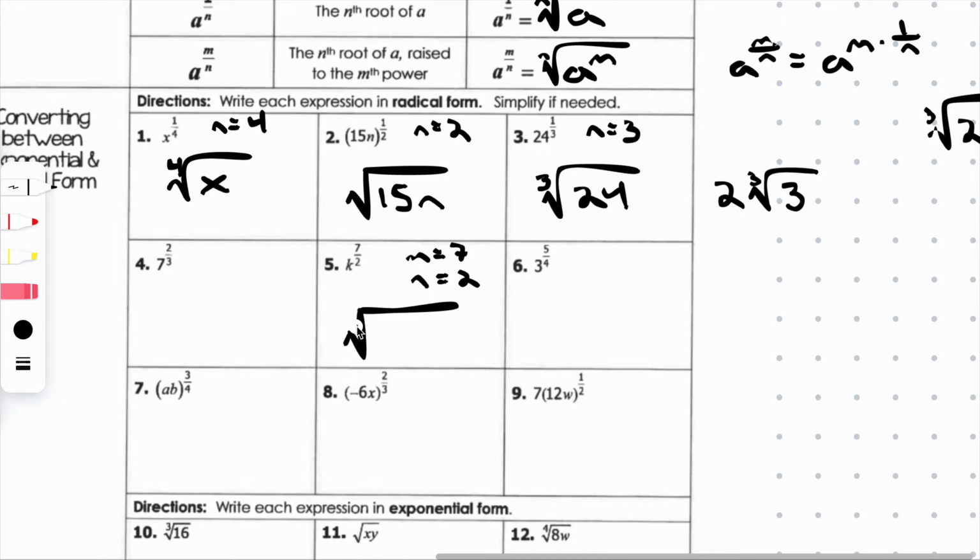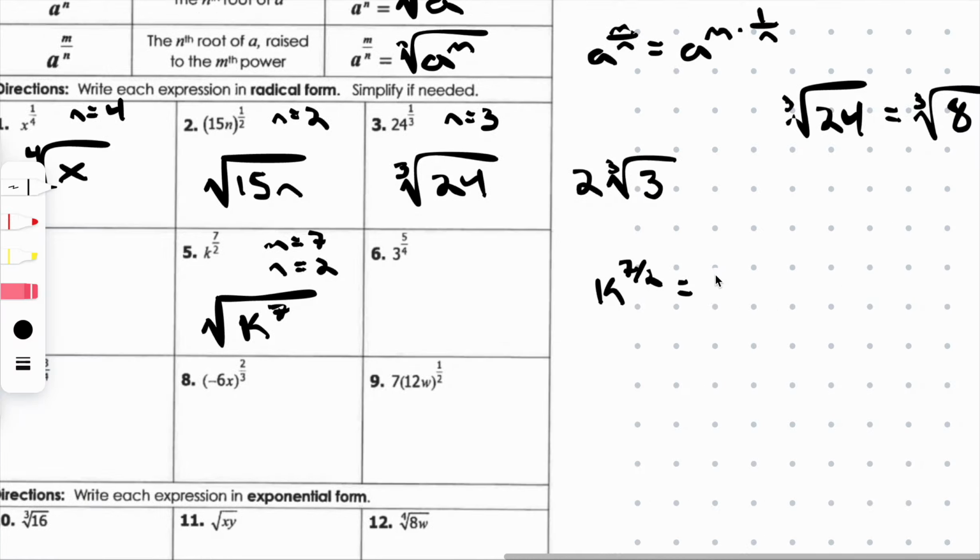We sort of have an invisible 2 right here, of k to the 7th power. Okay? Great. Because essentially, you can think of k to the 7 over 2 power as being equal to k to the 7th times 1/2. Right? Because 7/2 is just equal to 7 times 1/2.